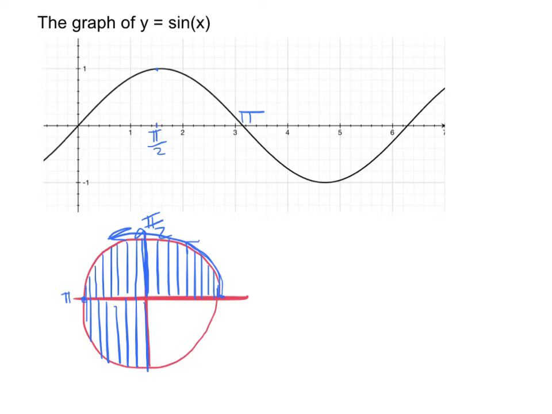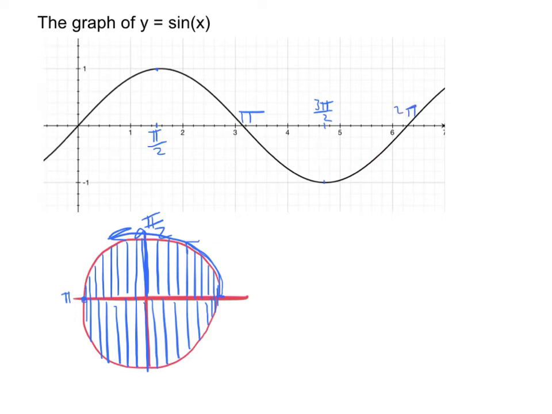Sure enough, here I'm getting larger and larger negative y values until I hit negative 1 here at 3 pi over 2. And finally, my negative y values get smaller, less and less negative, as I come back up to 0 here at 2 pi.